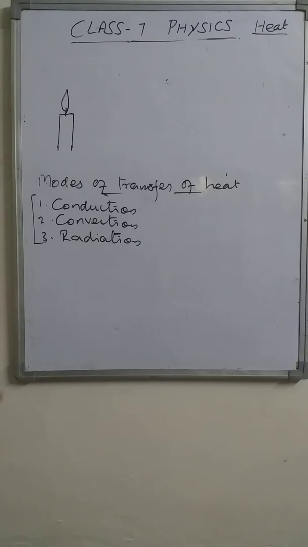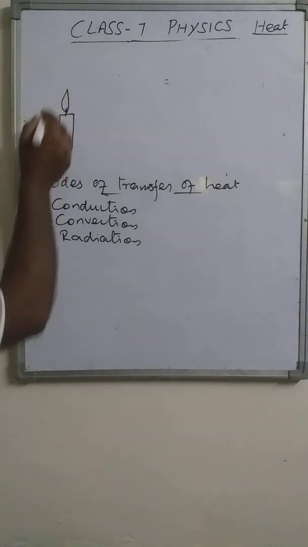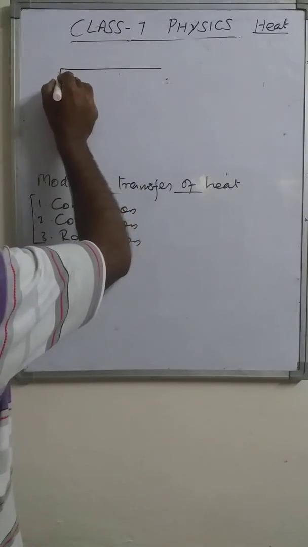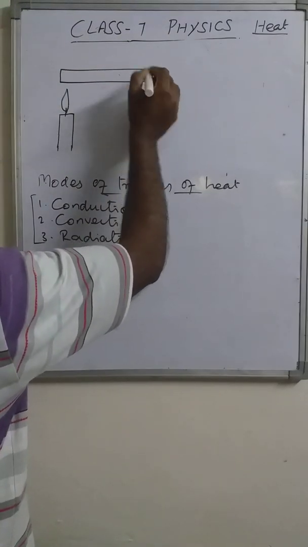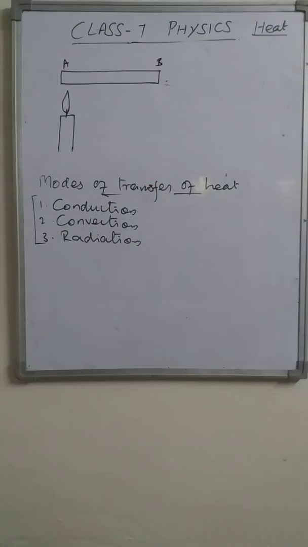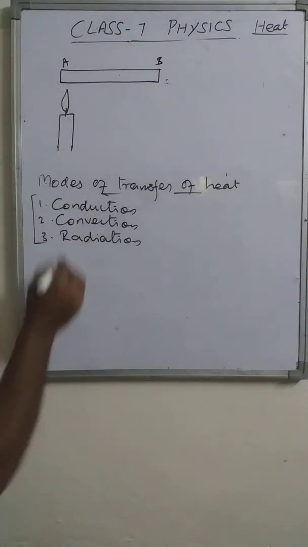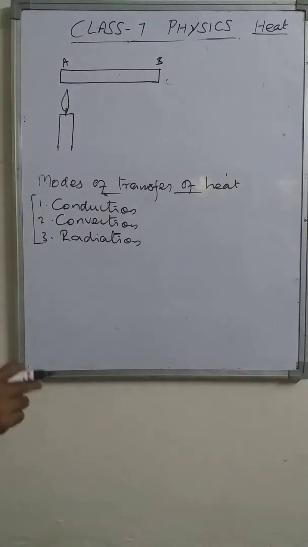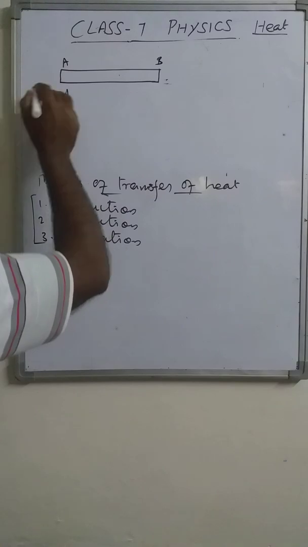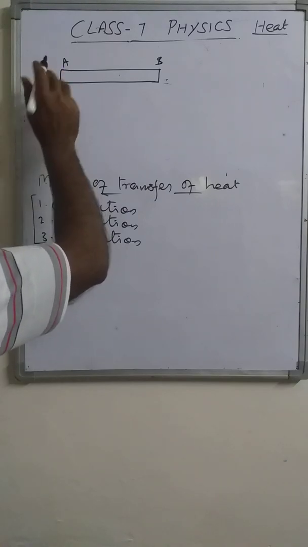If we touch the flame, we feel hot. If we put a rod, any rod, the rod has two ends, end A and end B. This end A is above the hot flame, so this end will be hot.